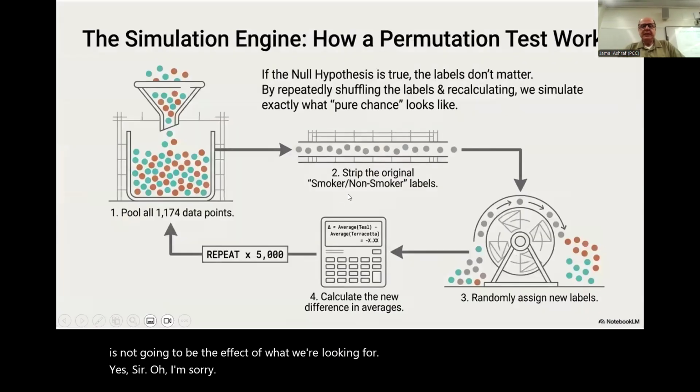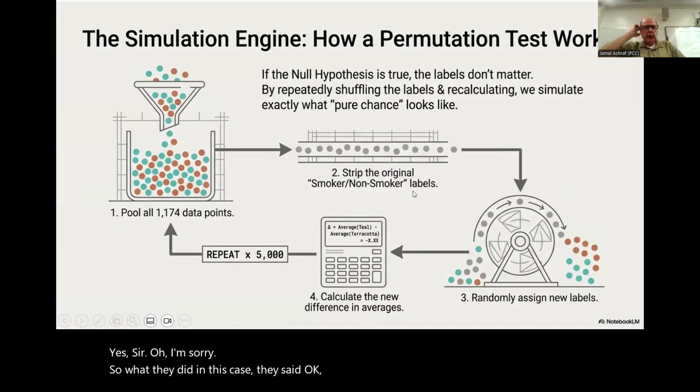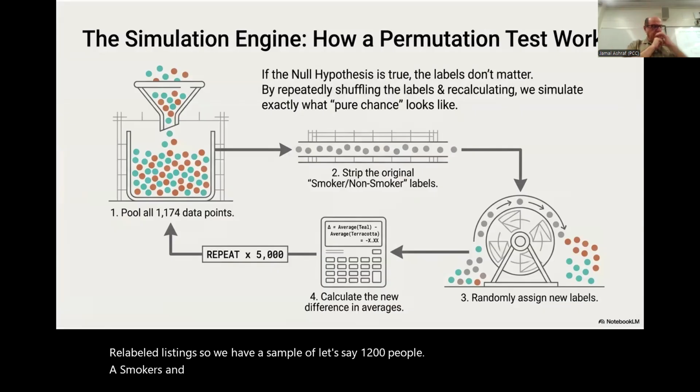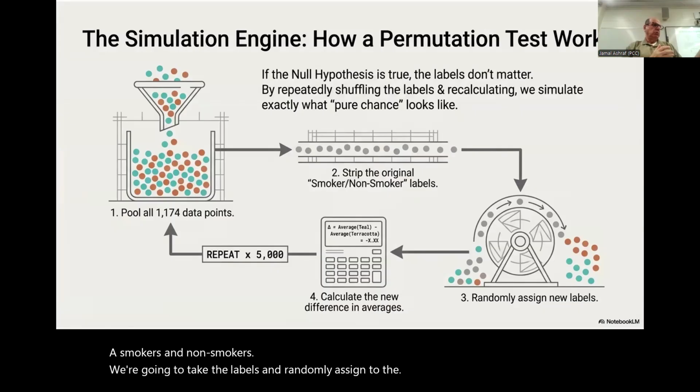So what they did in this case is they said, okay, we're going to relabel these things. We have a sample of, let's say, 1,200 people, smokers and non-smokers. We're going to take the labels and randomly assign them.